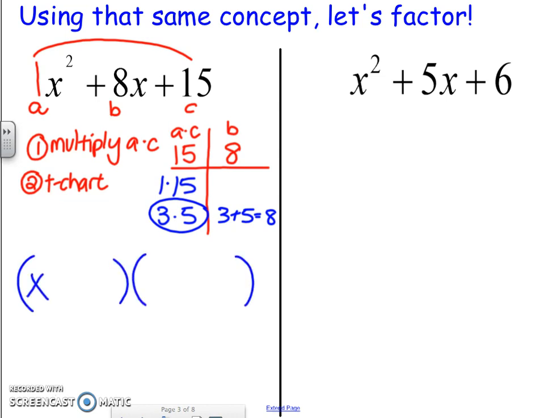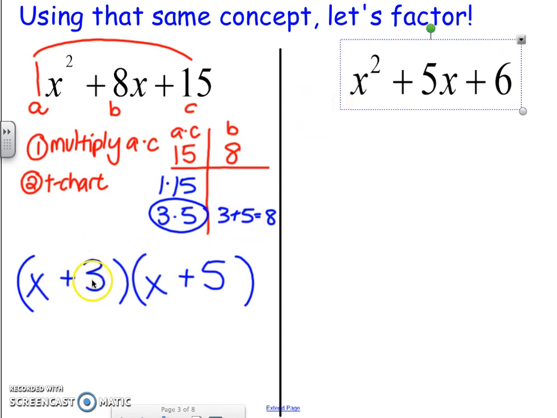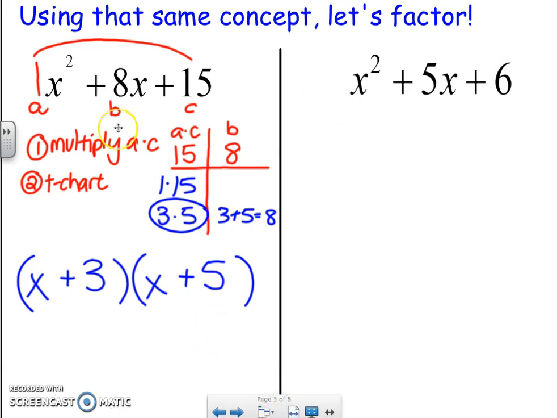You're going to have an x as the first term in each parenthesis. And then you're going to list these 2 numbers in the parentheses. So plus 3 can go on that one, and then plus 5 can go on that one. Your order does not matter, so you could have had plus 5 in this first parenthesis and plus 3 in the last parenthesis. Okay? So that is how you factor a quadratic when your a is a 1.